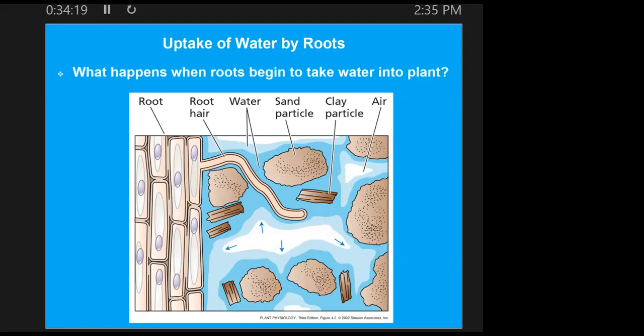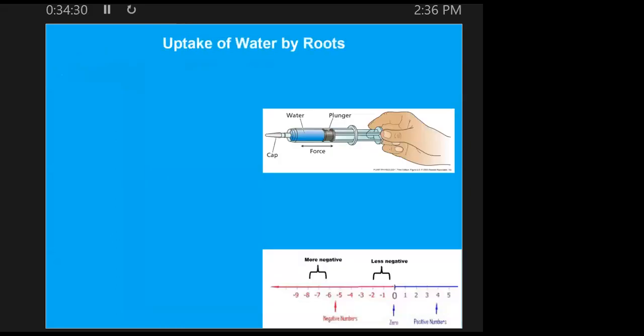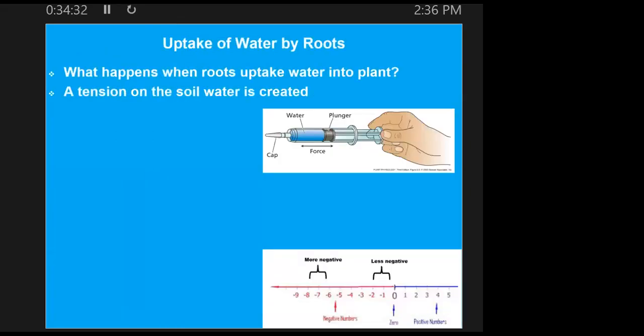So when they started looking at this issue and wondering how the root takes up the water in the soil, they actually saw that it's a tension force that allows this to happen. It's kind of weird to think about liquid water having a tension put on it, but it happens. And here you're looking at a syringe.